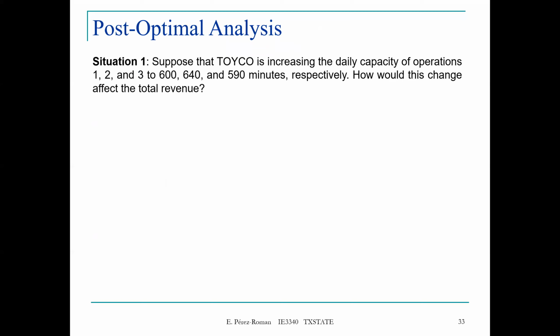So suppose that Toyco is increasing the daily capacity of operations 1, 2, and 3 to 600, 640, and 590 minutes, respectively. How will this change affect the total revenue?